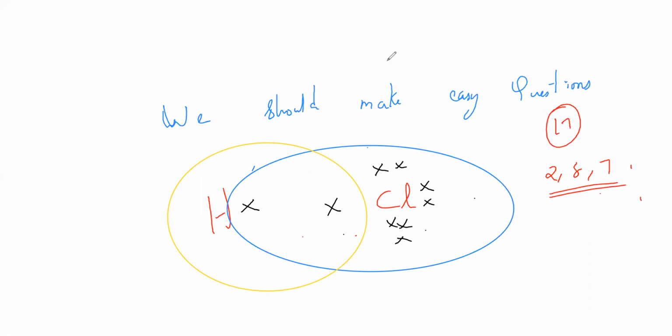Let me check 2, 4, 6, 7. Sorry guys, I just made a small mistake. Yes, it is 7 electrons. So chlorine means 7 electrons.